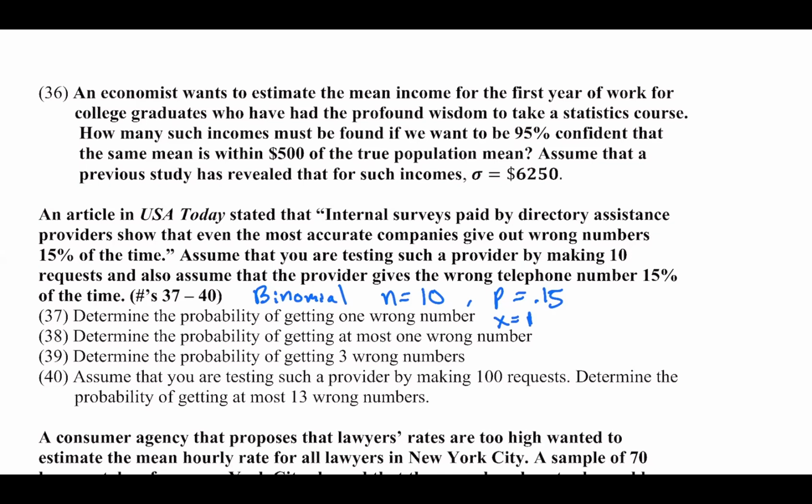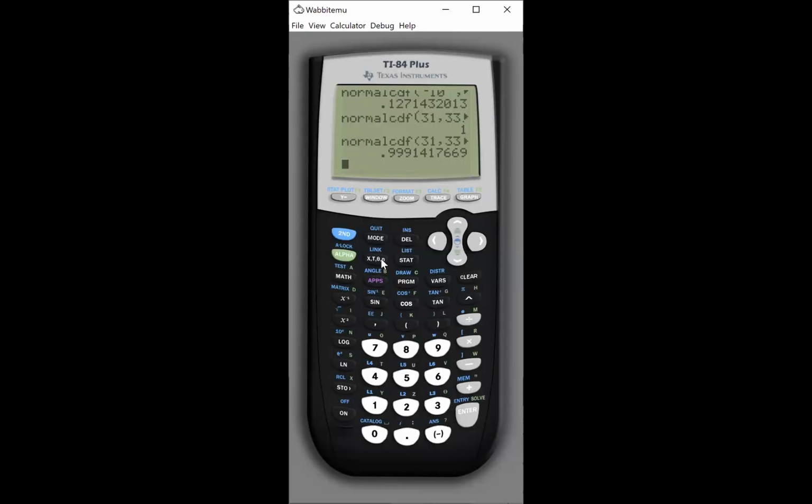So right now, I'm going to go over to the TI-84 and solve this question. You go to second, vars, and you go all the way down to binompdf. For trials it's 10, p is 0.15, and x is equal to 1.